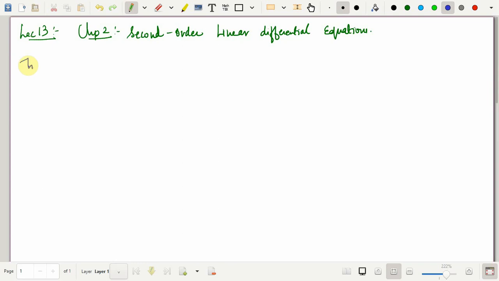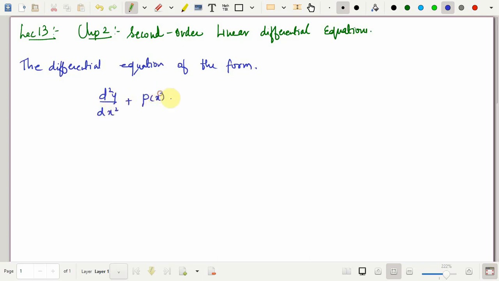The differential equation of the form, observe the form carefully because we are going to use this further: d2y by dx2 plus some function of x, p of x, as a coefficient of dy by dx, plus q of x, which acts as a coefficient of y, and the term with y raised to 0 is simply a function of x.